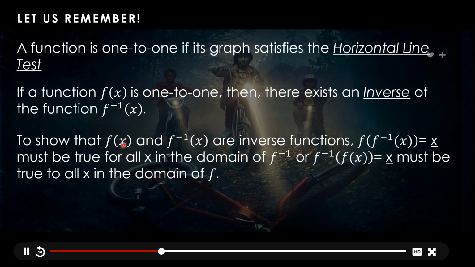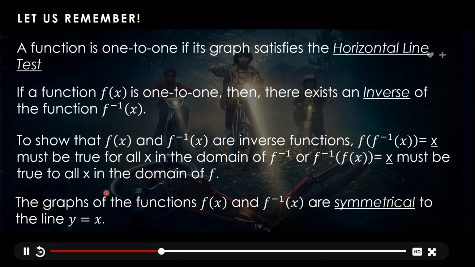To show that f of x and f to the power of negative 1 of x are inverse functions, f of the inverse of x is equal to x must be true for all x in the domain of the inverse, or the inverse of f of x is equal to x must be true for all x in the domain of the function. The graphs of the function f of x and its inverse are symmetrical about the line y is equal to x.